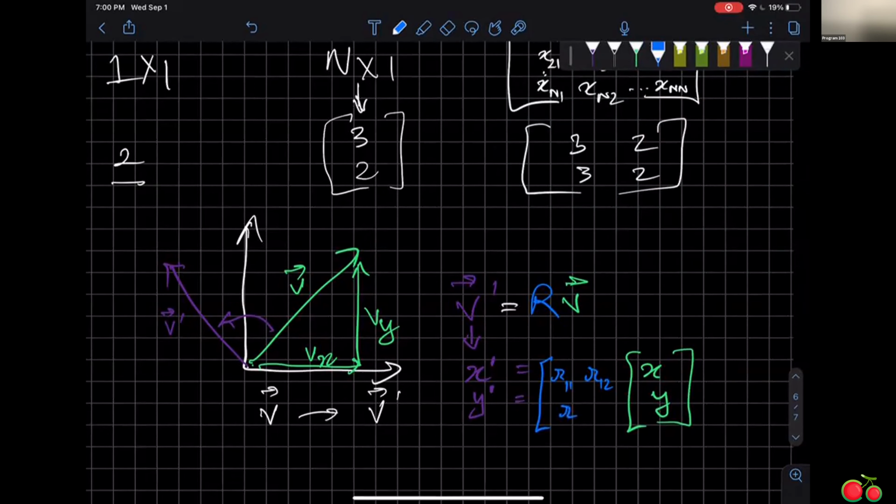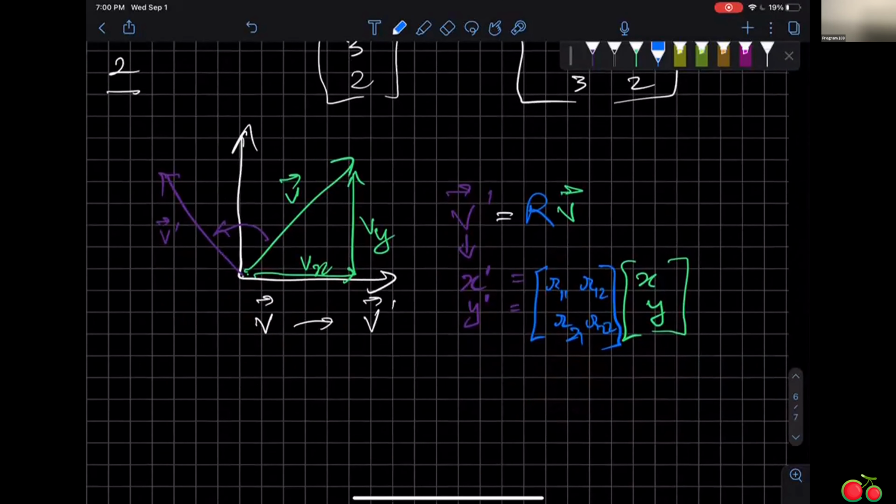I'm not going to tell you what R actually would be. So my x dash is nothing more than R11 x plus R12 y.